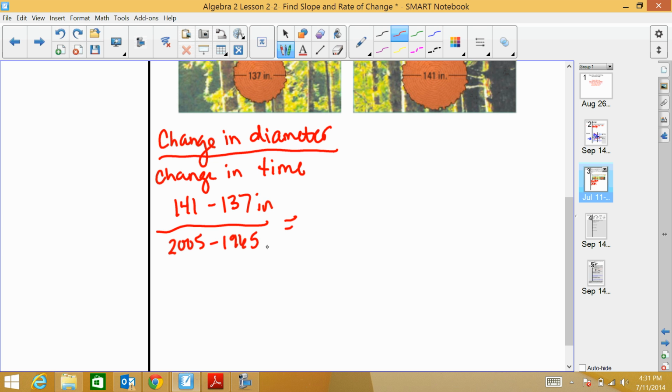So inches divided by years. This comes out to be 4 inches on top divided by 40 years. And if we reduce that answer, we can divide both of those by 4. Then we get 1 inch every 10 years.